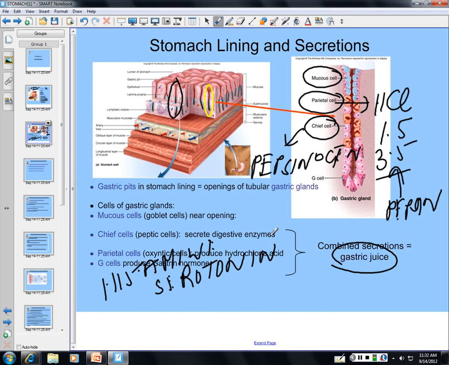For example, gastrin, you can barely see it out here. Gastrin is produced by a special type of enteroendocrine cells called the G cells. We'll talk about what the gastrin hormone does. Remember, gastrin is a stomach hormone.